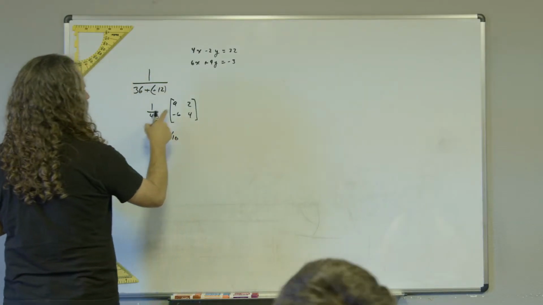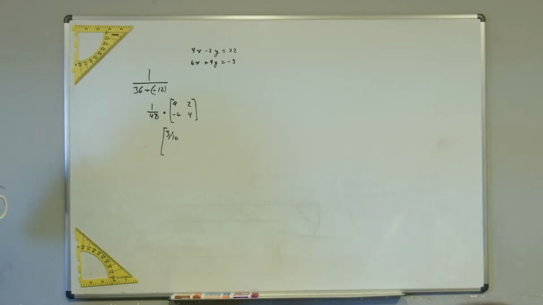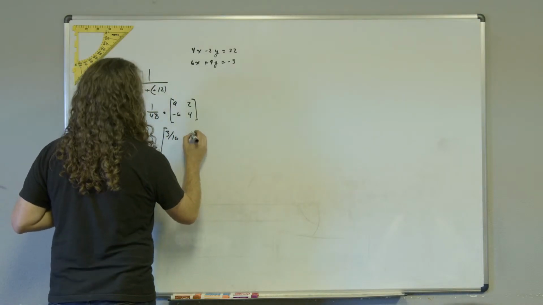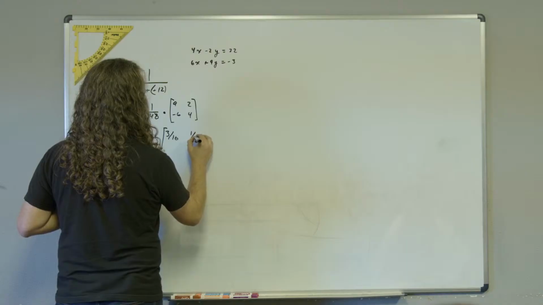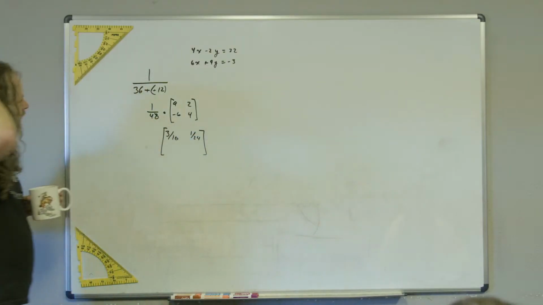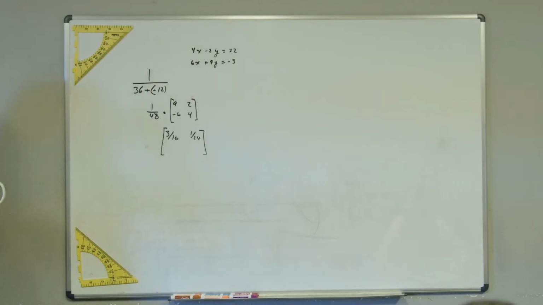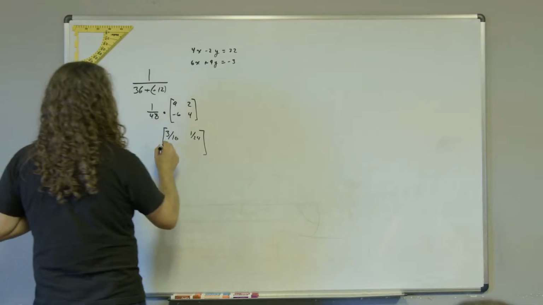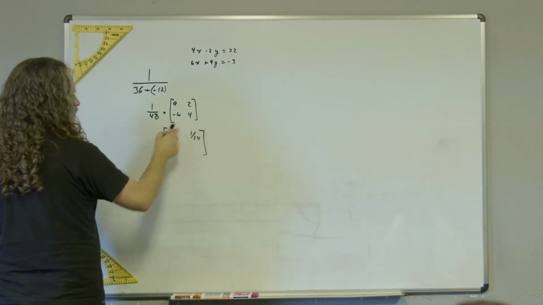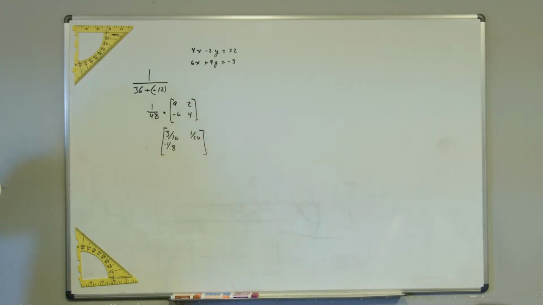And then 1 over 48 times 2 is 1/24. 1/48 times -6 is -1/8. 1 over 48 times 4 is 1 over 12.